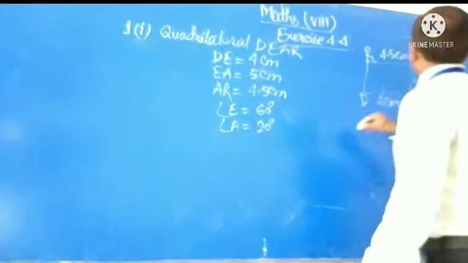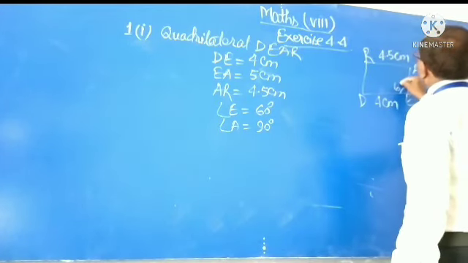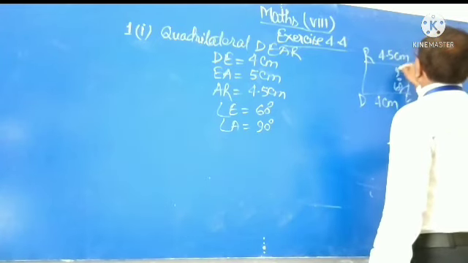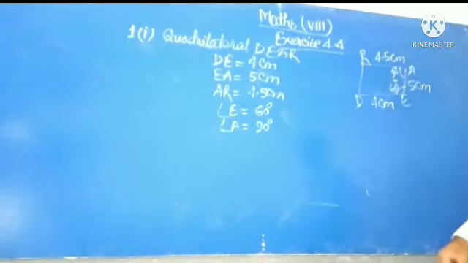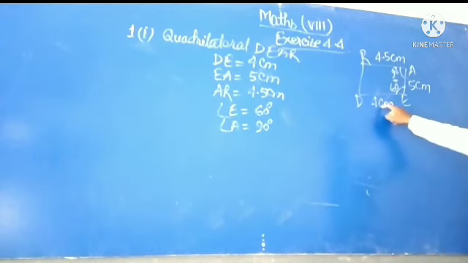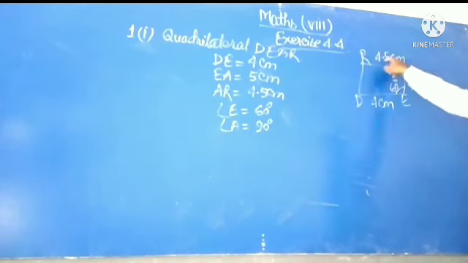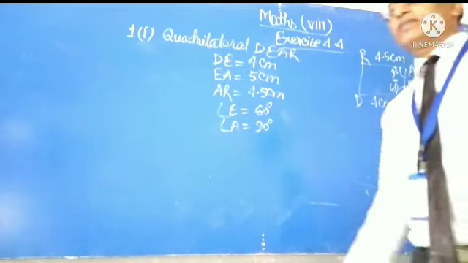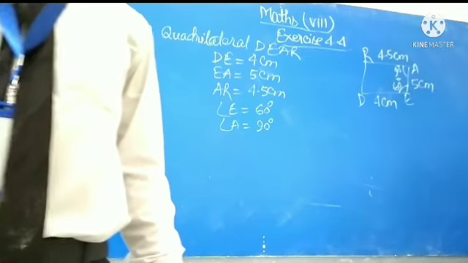Angle E 60 degree, angle A 90 degree. In this figure, we have 3 sides, 1, 2, 3 and 2 included angles. This means we are able to construct a quadrilateral.